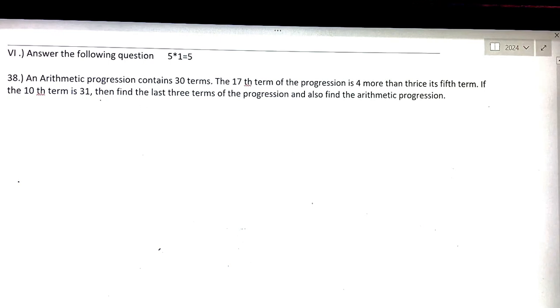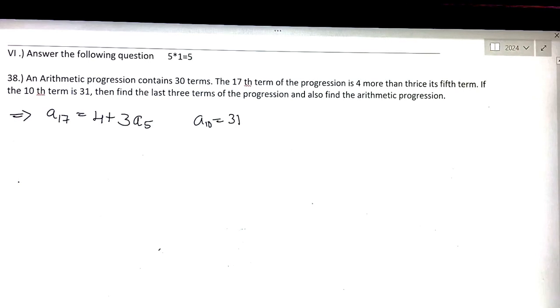Now the A17th term of the progression is equal to 4 more than, that means we need to add 4. 4 more than thrice means 3 times its 5th term. Okay, this is the equation we have written considering the question. If the 10th term is 31, so they have given A10 is 31.